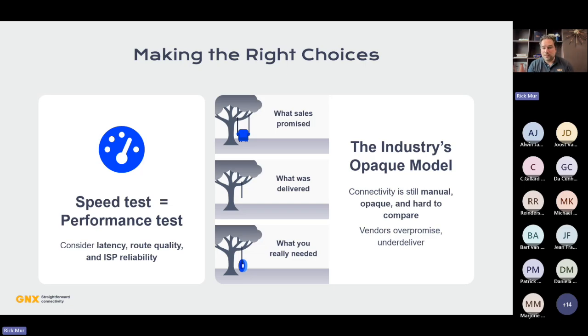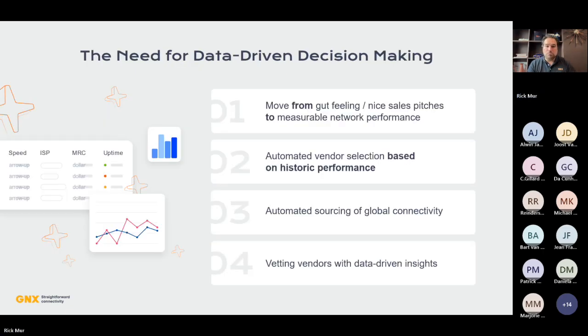They will say to you that they're the best of the best. But how do you know? There is not really an easy way to compare all of these vendors with each other. So it's based on gut feeling, on marketing feeling, right? If I look at the billboards, I see all the big names out there, but I never see the little ISP down the street that can actually deliver me an excellent service.